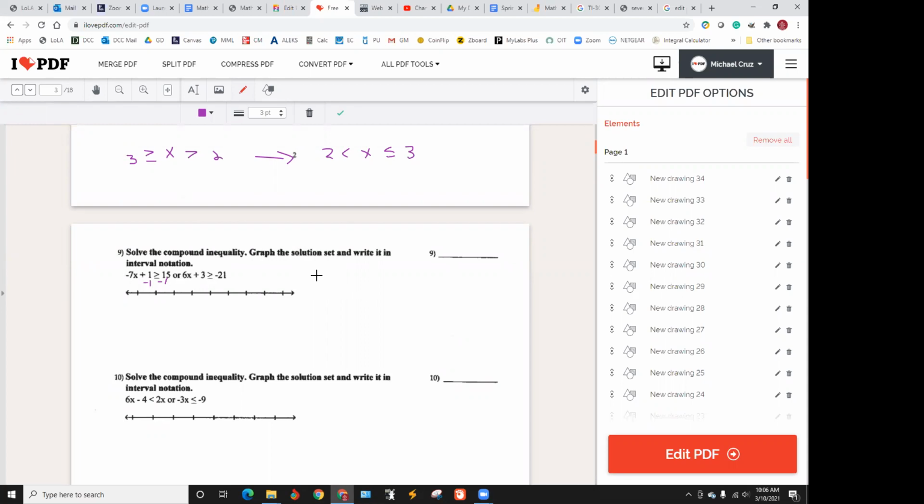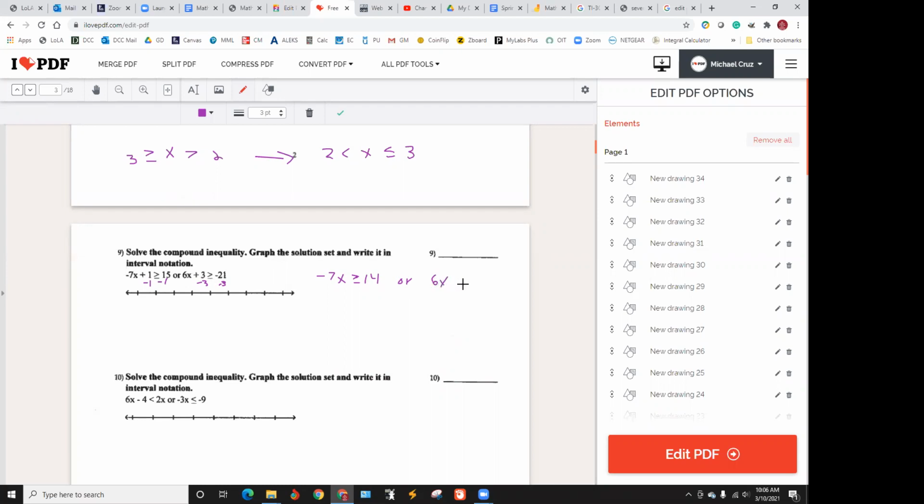So on that one, it's negative 7x greater than or equal to 14. On the other one, it's the minus 3. It's going to be negative 4 and negative 2. All right, that sounds good. You're way ahead of me.